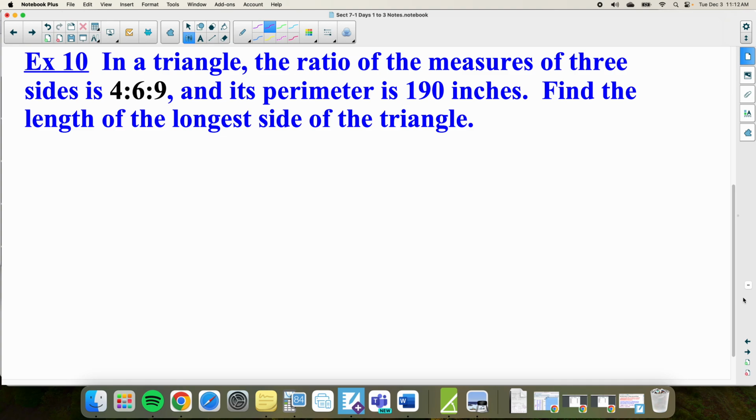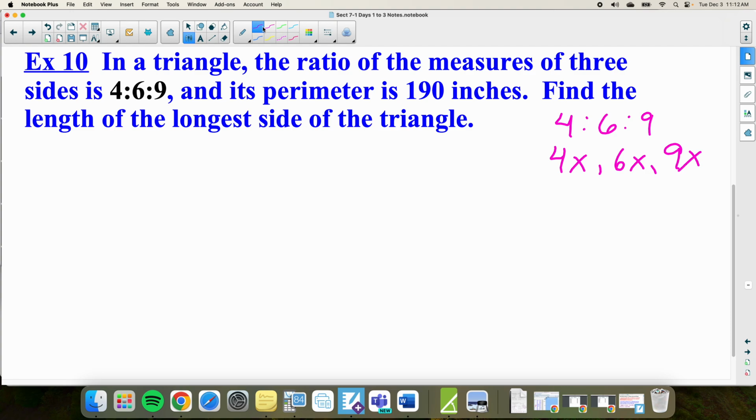Now, in geometry, if you ever see a ratio like this, we did one earlier this year, maybe 1 or 2 problems, that's it. What you can do, you know that that's the ratio, but you don't know what the numbers are, so you can put X with each of them. Okay, so when they're in a ratio, you put X with each of them.